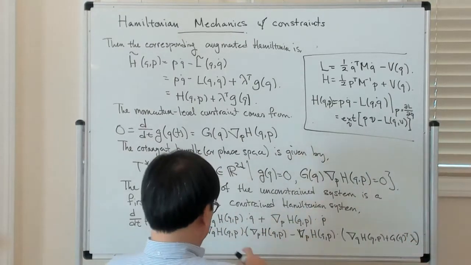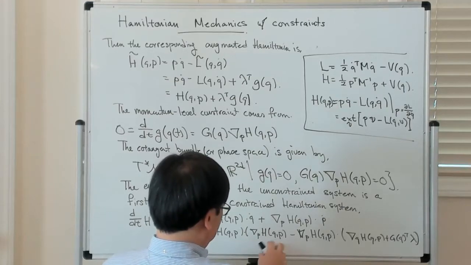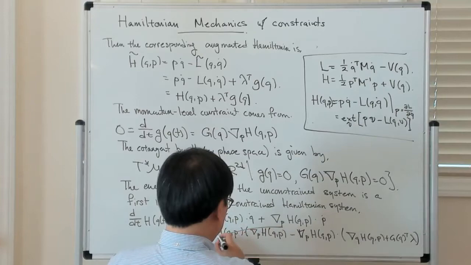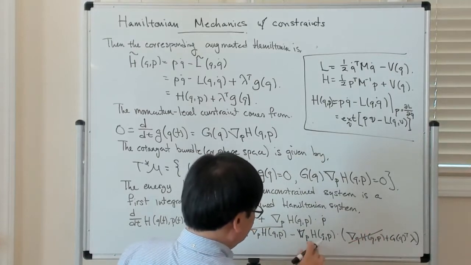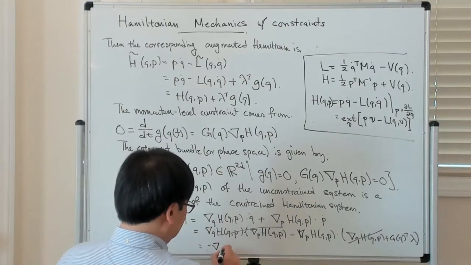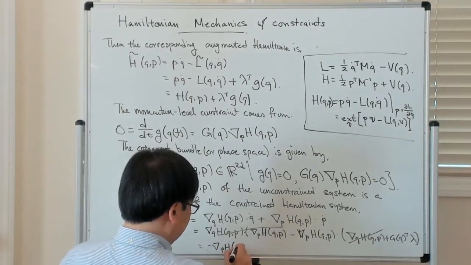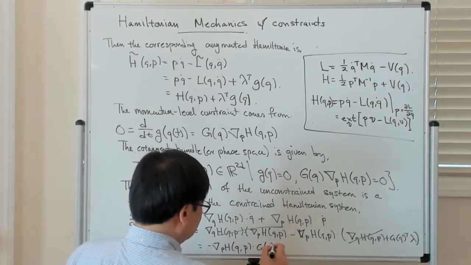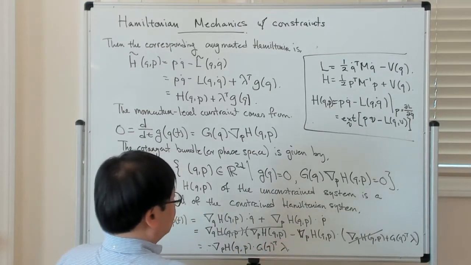Of course this term and this term cancel, so you're just left with minus the gradient of the Hamiltonian with respect to p times G of q transpose lambda.